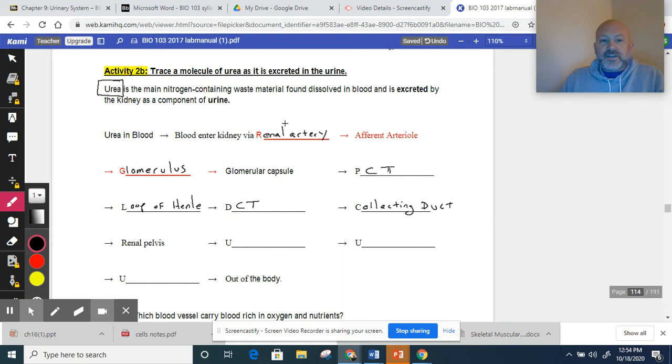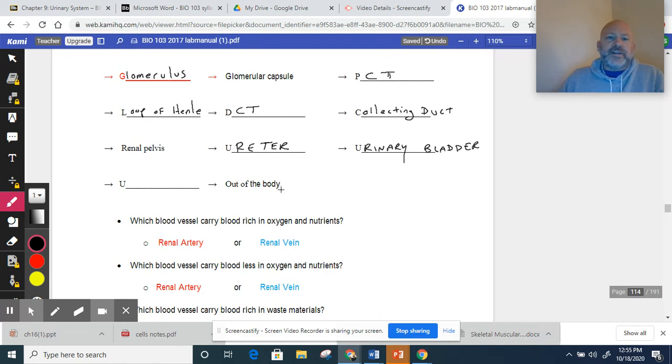From the collecting duct, it goes down through the renal pelvis into the ureter. It gets stored in the urinary bladder until finally it's time to leave the body. And when we exit the body from the urinary bladder, we have to go through the urethra.